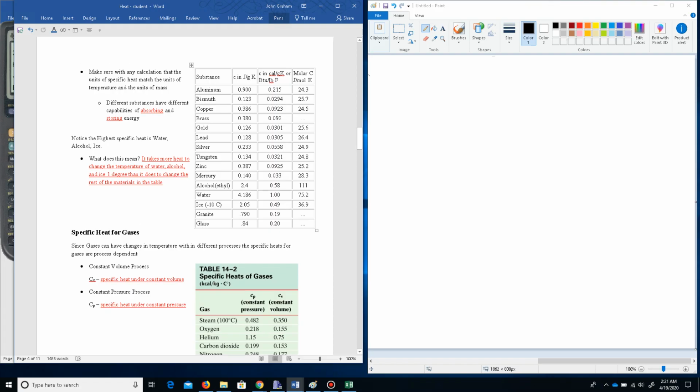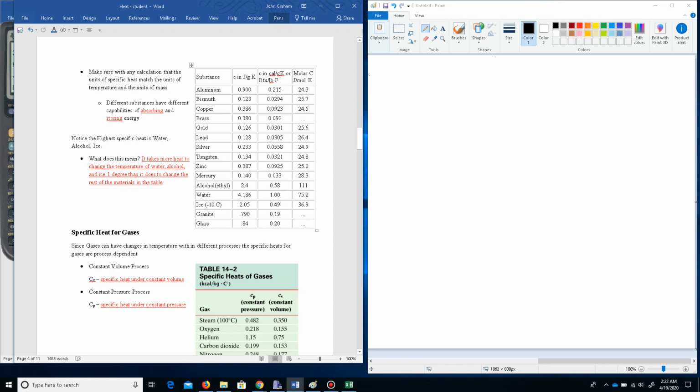Right, so notice on this chart, water is the highest, and then ice and alcohol, and then everything else is under 1. That means water has the highest resistance. So you have to really add a lot of energy to get that to change. Then ice and alcohol take energy to change.